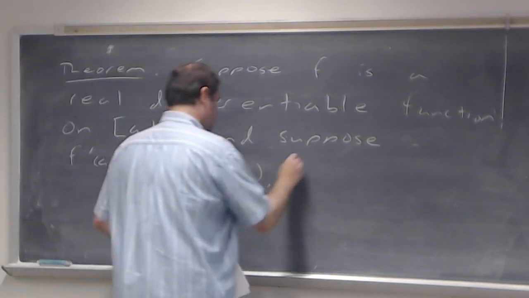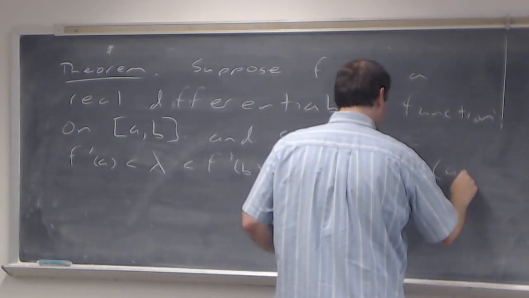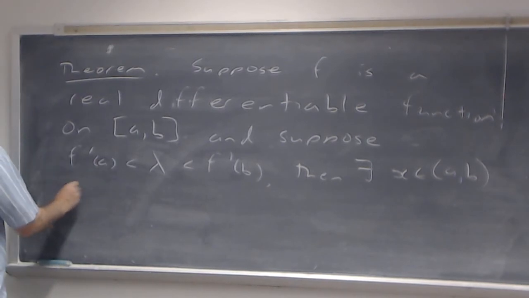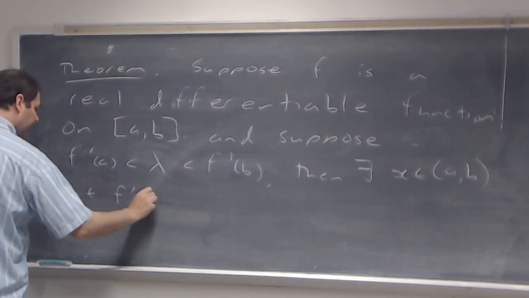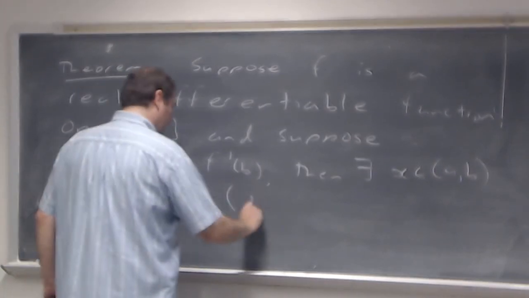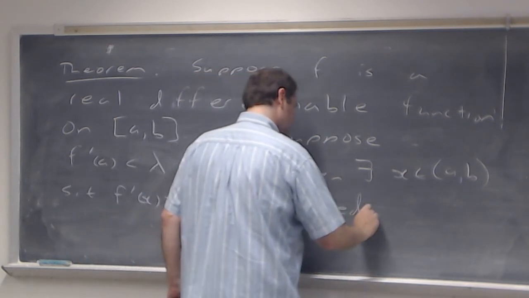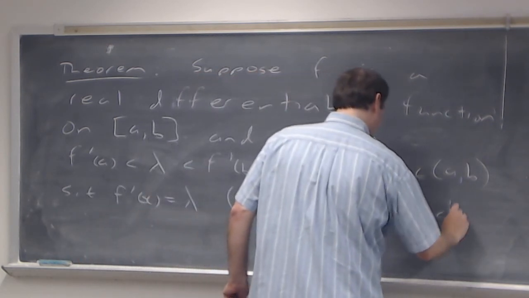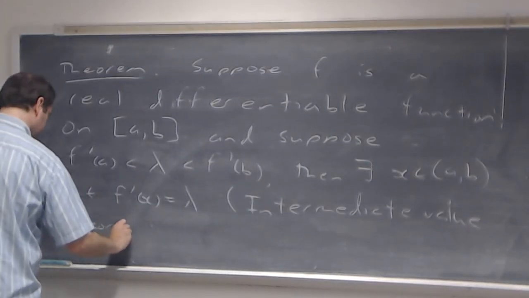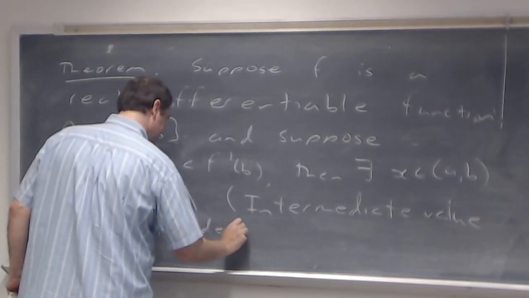Then there exists an x in the open interval from a to b such that f prime of this particular x will be equal to lambda. This theorem can be thought of as the intermediate value theorem for derivatives.